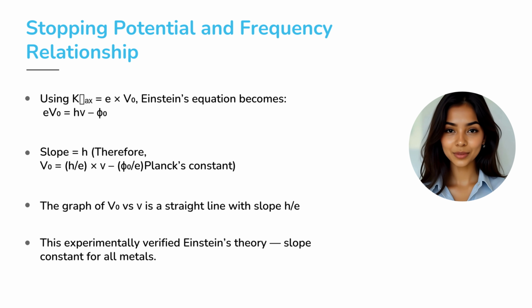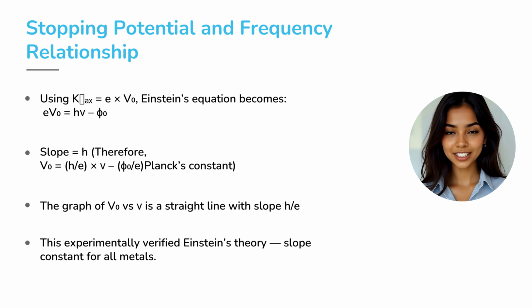Now, we can express this relation in terms of the stopping potential used in experiments. We know that the maximum kinetic energy of the emitted electrons equals the charge of the electron multiplied by the stopping potential. That gives us K max equals e times V naught.